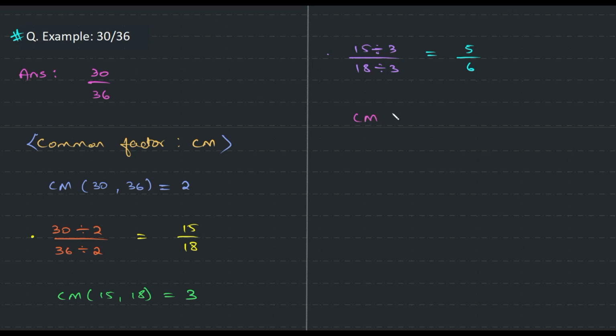The common factor of 5 and 6 is 1, and so it stops over here. So we have 30 by 36 is equal to 5 by 6, and 5 by 6 is in simplest form.